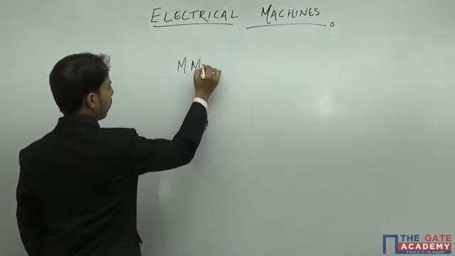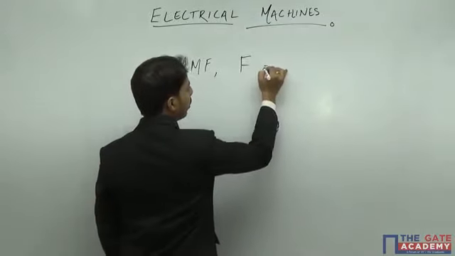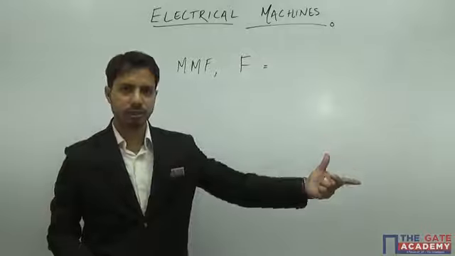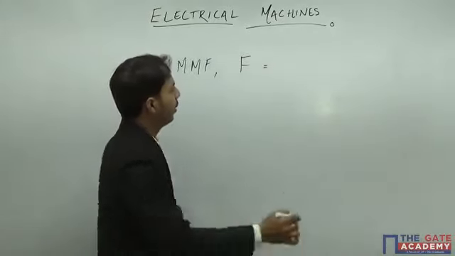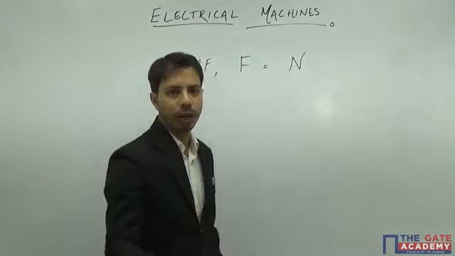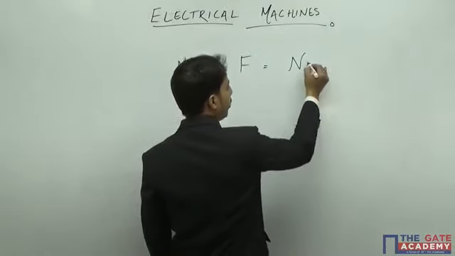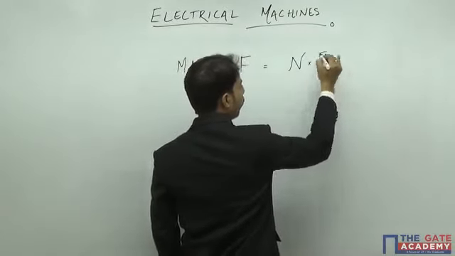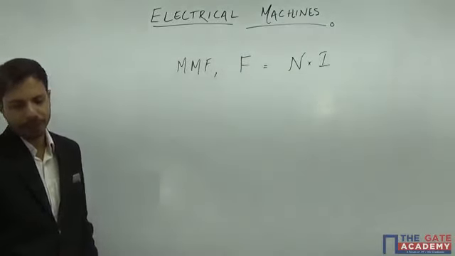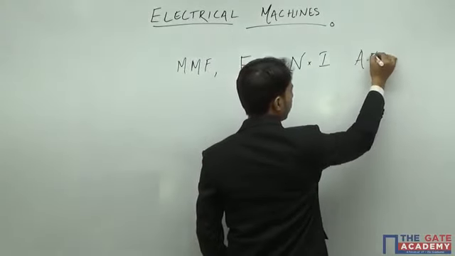MMF can be written as F. Due to this we have flux, and it is given by the number of turns of a coil into the current flowing through the coil, N into I. The unit of this is ampere turns.